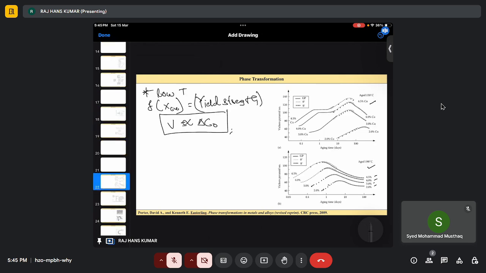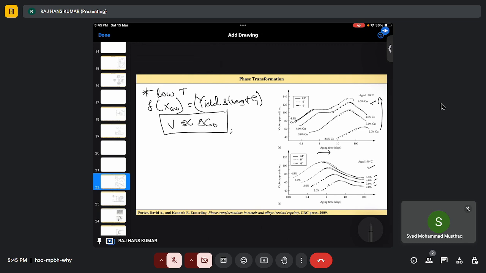That means the 4.5 copper weight percent will form GP zones very fast. That is my aging time. In the minimum amount of time, we can form our GP zones. After GP zones, our yield strength will increase because GP zones have coherency.